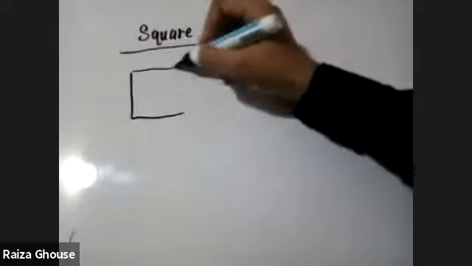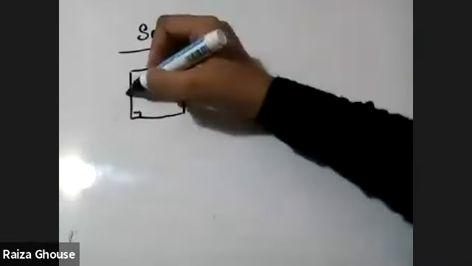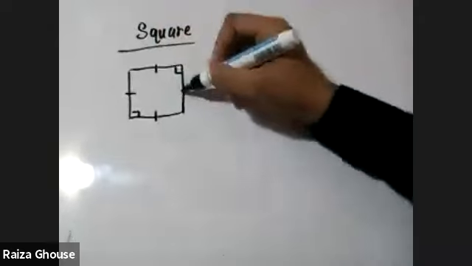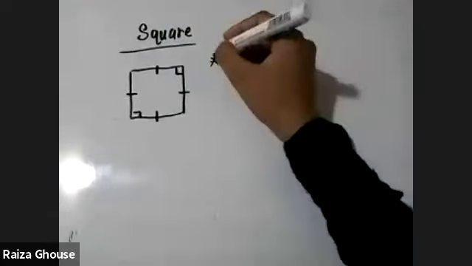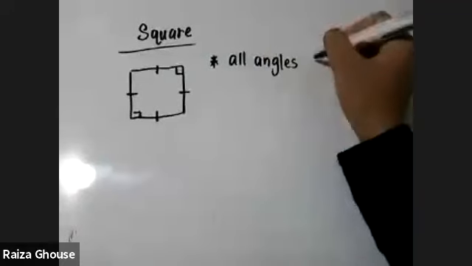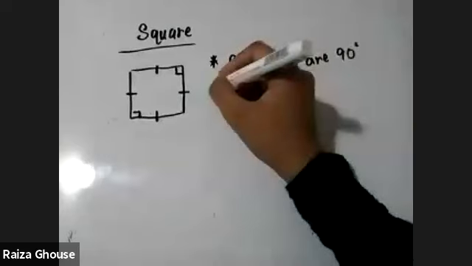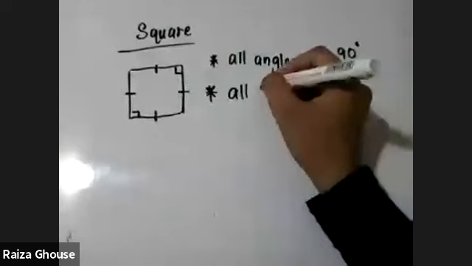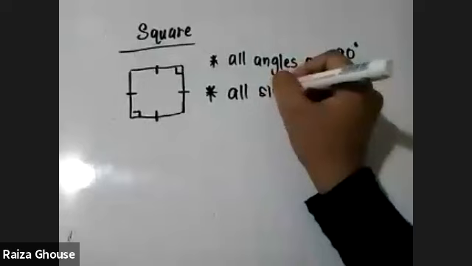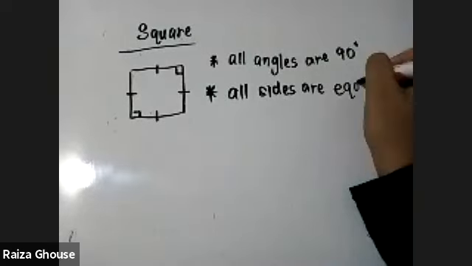Now this is a square. In a square, what are the common characteristics? Here see, all the sides are equal. In a square, you should notice that all angles are right angles, all angles are 90 degrees. All sides are equal. That is also a speciality.